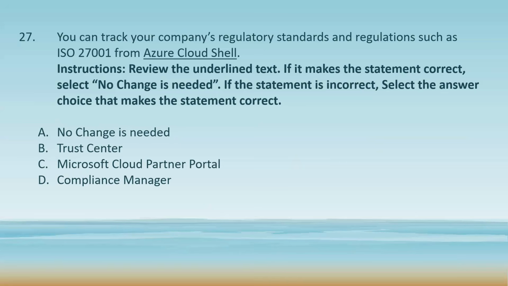If the statement is incorrect, you need to select the answer choice that makes the statement correct. Your options are option A, no changes needed. Option B, Trust Center. Option C, Microsoft Cloud Partner Portal. Option D, Compliance Manager. So the right answer is option B, Trust Center.